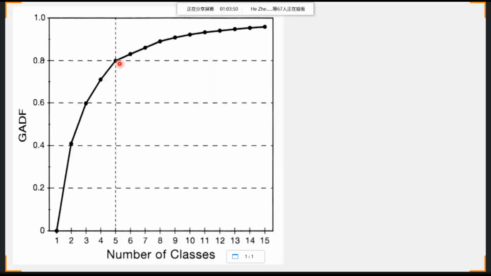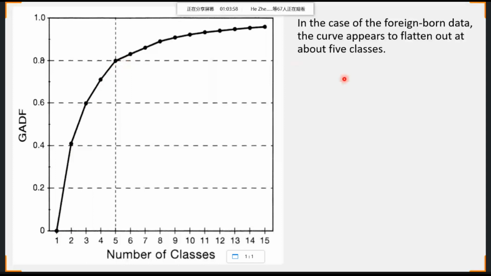And you see there is a point where the curve starts to flatten, this angle. In the case of the foreign-born data, the curve appears to flatten out at about 5 classes. So this is based on the sample data for this whole chapter of classification with the foreign-born data of California. And here, at 5 classes, the curve starts to flatten.